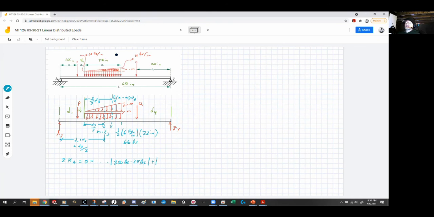Now we take that 66 pounds and we multiply it by, make sure you do this right. This is 10 plus 4 plus 2/3 of 22.